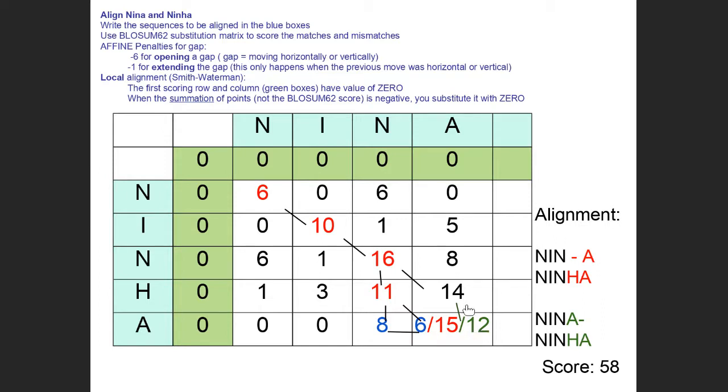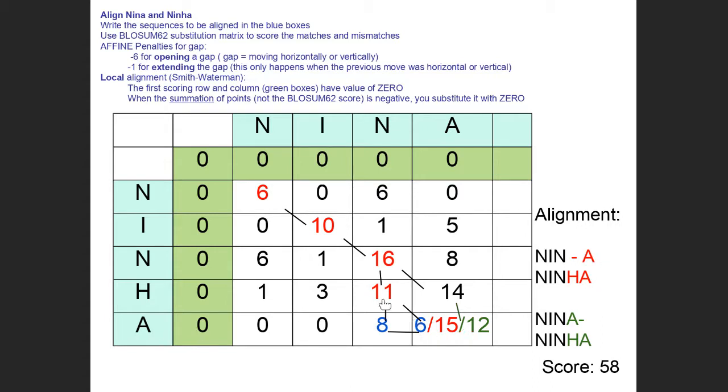On the 12, I came here from going down, so this one here doesn't align with anything because there's a gap. Let's do the easier version first, the red one. I ended up here on the 15 by coming diagonally, which means A does align with A. So A and A align.